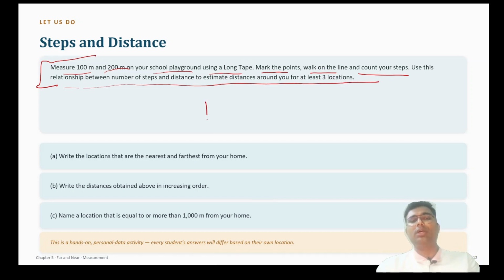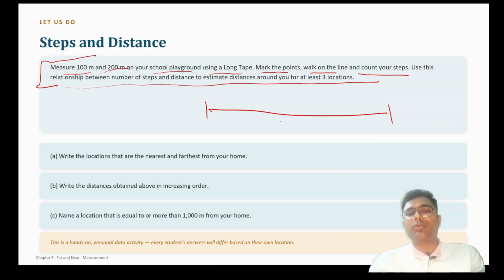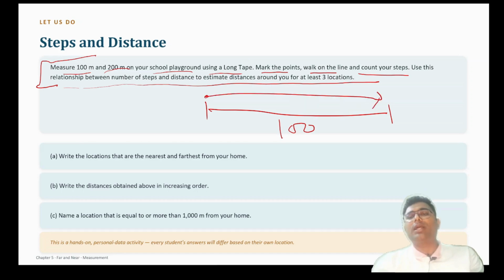So what you have to do is mark 100 meter on the school playground using a measuring tape, and then count the number of steps you take from this point to that point. For example, in this 100 meter you take 130 steps. So what does it mean? For 1000 meter, how many steps will you take?